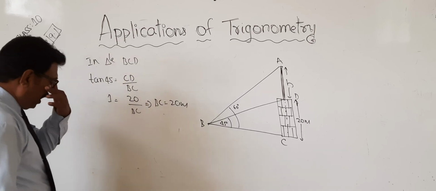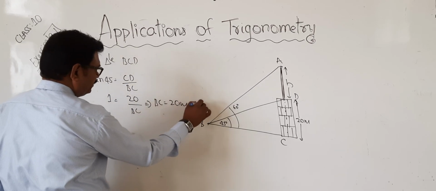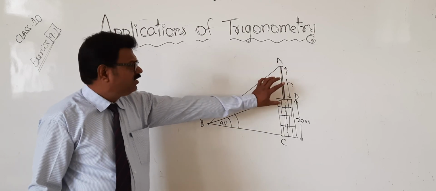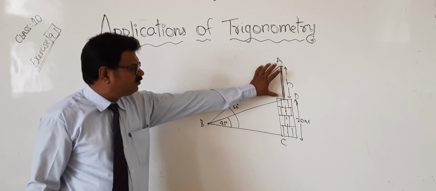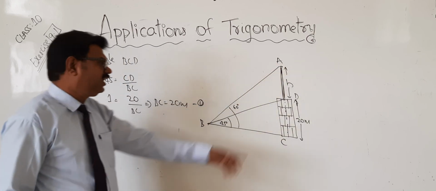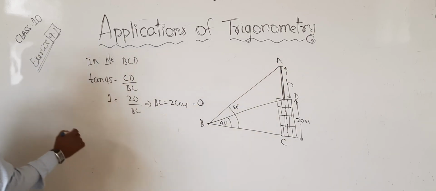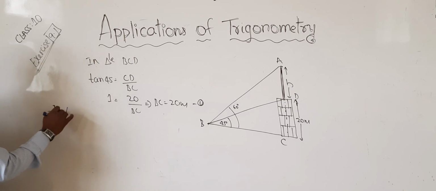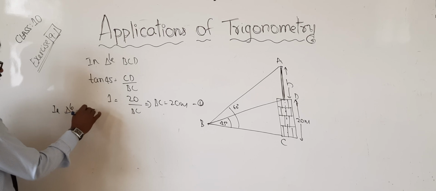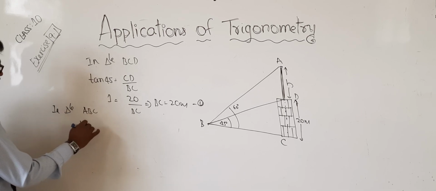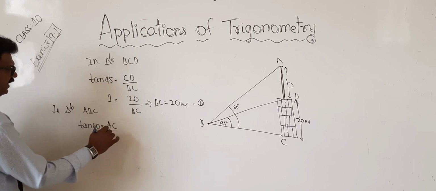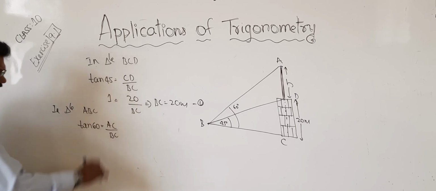Did you understand? This is 1. Next, we have to find the height of the transmitter. We can't find only this much, we should find everything. Now, in triangle ABC, tan 60 is equal to AC divided by BC.